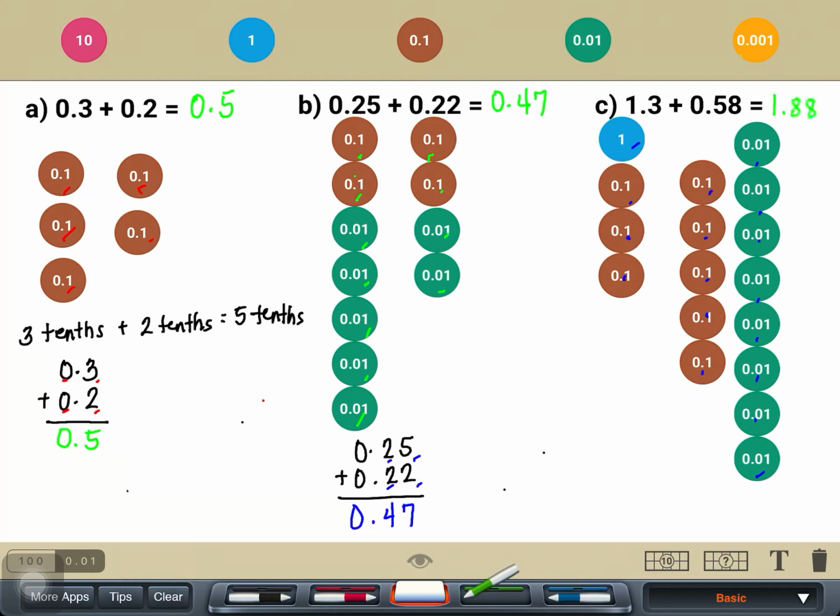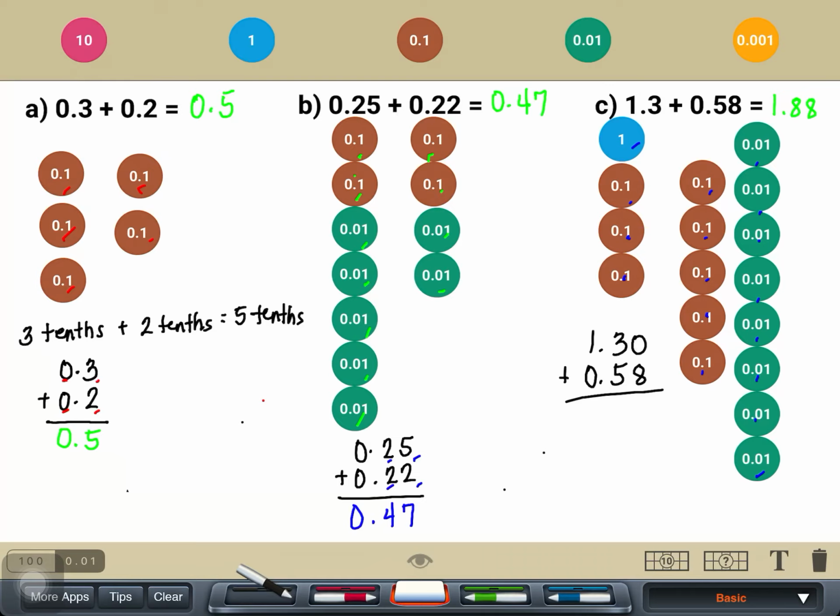If I'm gonna show this in arithmetic, again, we have to make sure that our place values are aligned. 1 and 3 tenths plus 58 hundredths. So there's no ones, there's 5 tenths, and there's 8 hundredths. Okay, if it would help you, you can always put a 0 placeholder for you not to get confused.